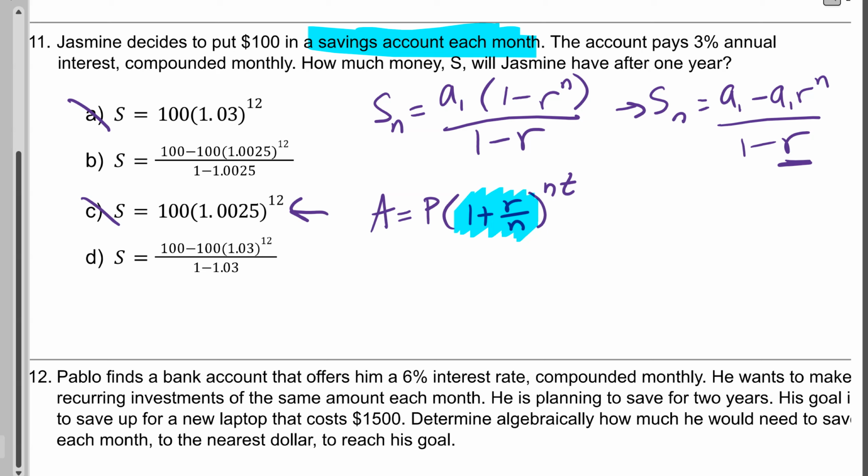Even though it's a 3% annual interest rate, my common ratio R for this formula is not going to match that 3%, right? Because this represents what I multiply by, not what the interest rate is, right?